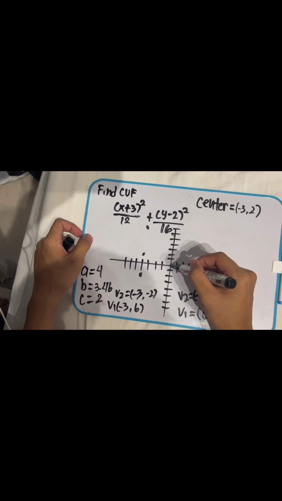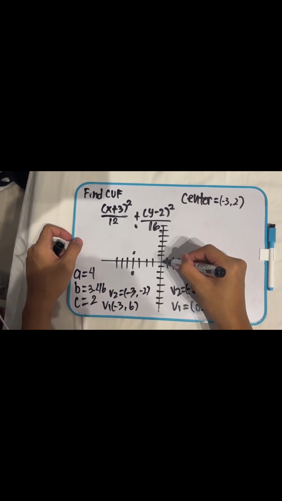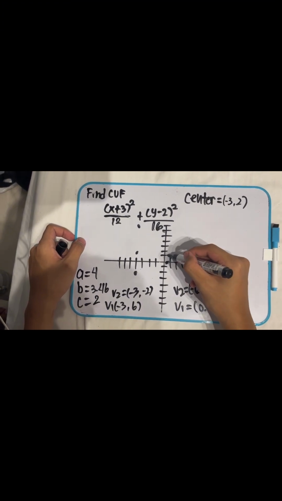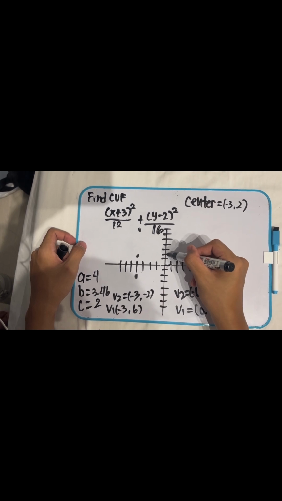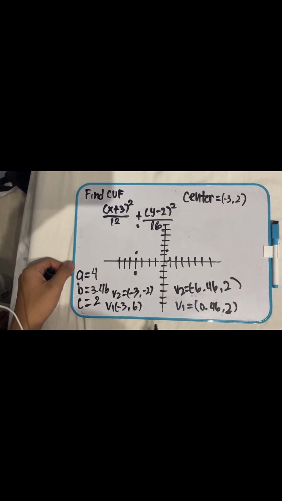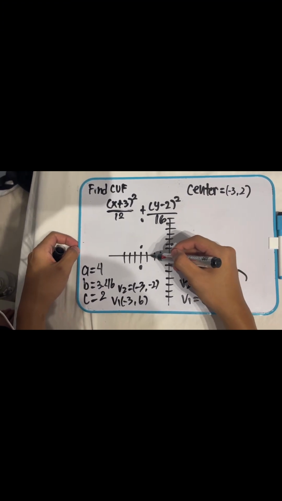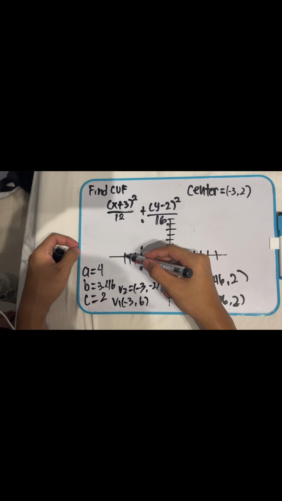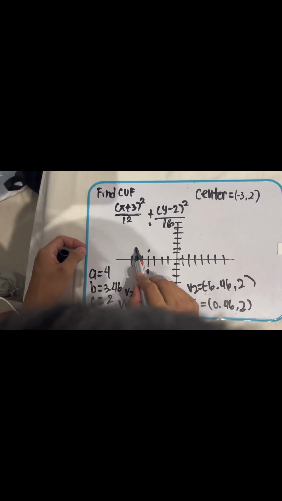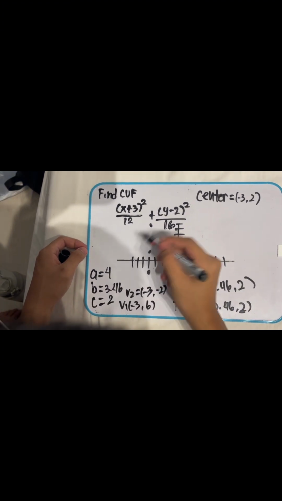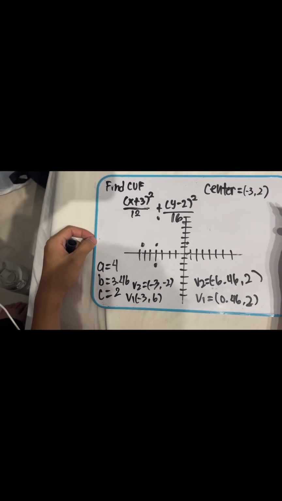We come from 0.46 here and 2: 1, 2. Then -6.46, which is here: 1, 2, 3, 4, 5, 6, and 2: 1, 2. So that's our plotting points.